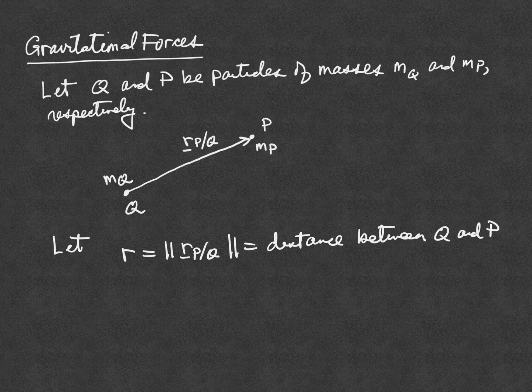Now the gravitational force has the following form. It's proportional to the inverse of the square of the distance, and it's defined in such a way that the force exerted on any particle, whether it be Q or P in this case, is in the direction from the other particle to the particle on which the force is being exerted.